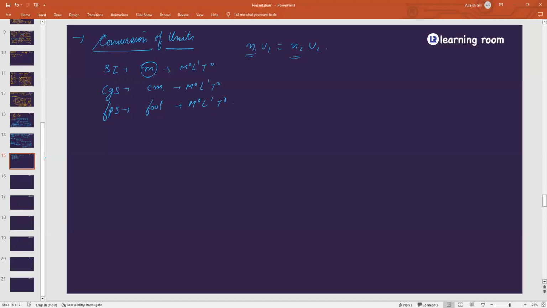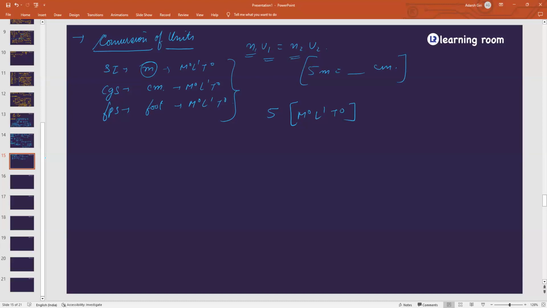Got it? Now see here, I have to convert 5 meters into how many centimeters? I forgot it, it is 500. But what I know is the knowledge of dimensions, and I'll use it. So in system 1, my value N1 is 5, and U1 I'll write in dimensions. U1 is M0 L1 T0.